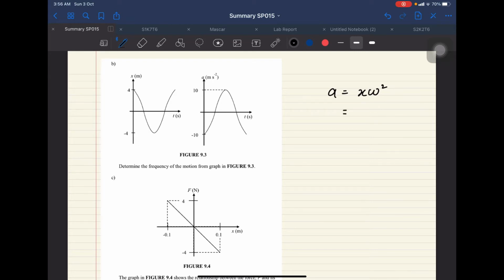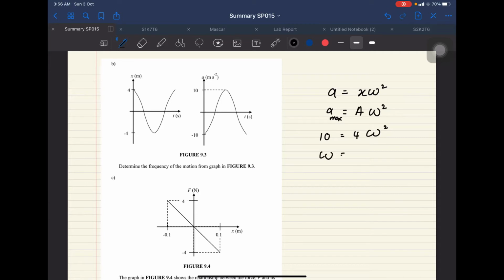So a is at the maximum when the displacement is at amplitude, so it becomes A omega squared. This is when a max. Again, you can refer to the graph of a against t, and you can straight away deduce the value of a max, which is 10, and the amplitude will be 4. Then you can calculate the omega.